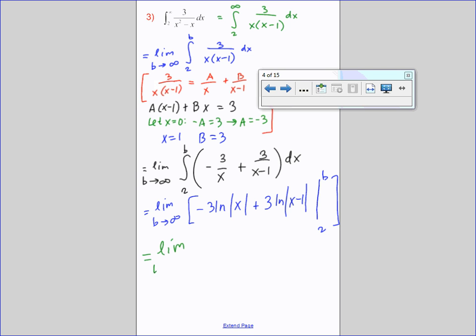We run into what we did last class, where I've got this negative 3 ln of b is positive because it's positive infinity, so I'll just say 3 ln of b plus 3 ln of b minus 1.